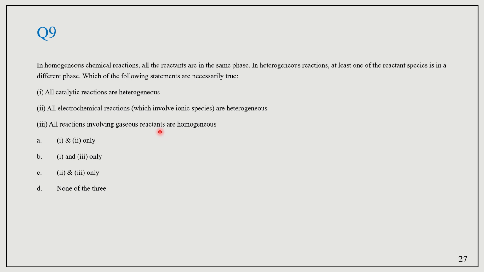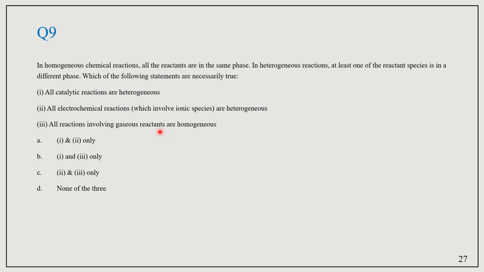So what it means is that with chemical reactions, we can call them two ways. One is homogeneous, one is heterogeneous. When do we call a reaction homogeneous? When all the reactants are in the same phase, we call that a homogeneous chemical reaction.